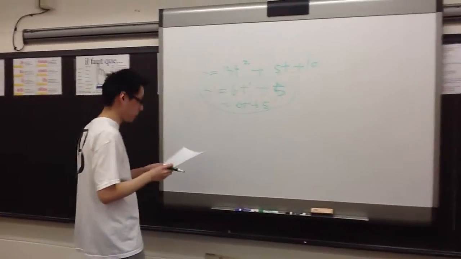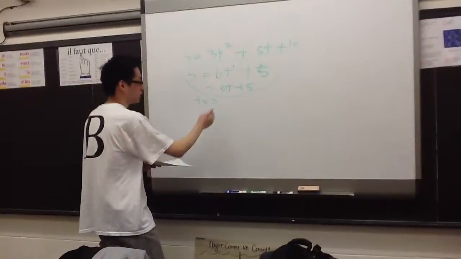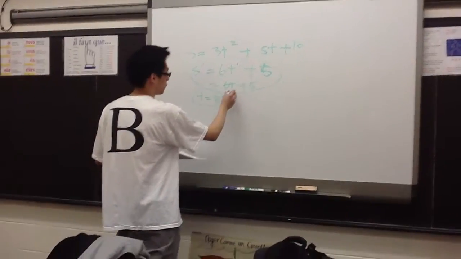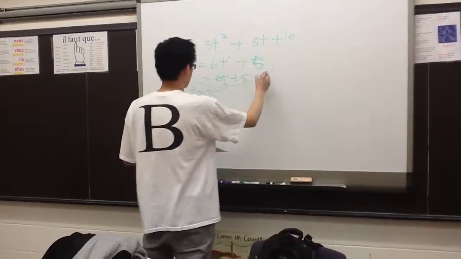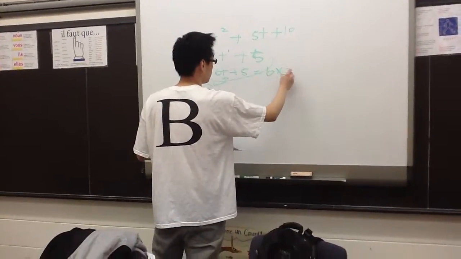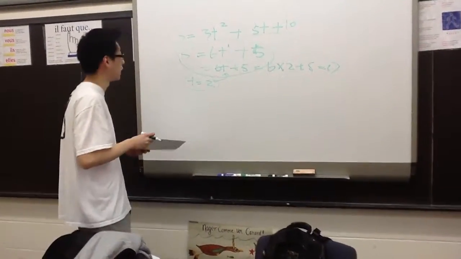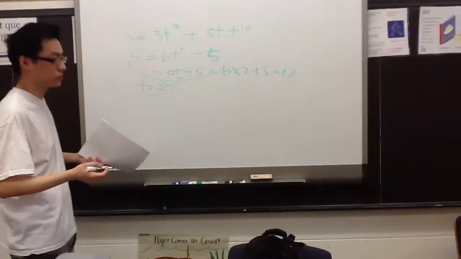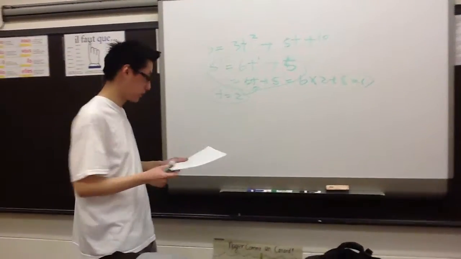Then we plug in. So we know after 2 seconds we should plug t equal to 2 into the function. So it's equal to 6 times 2 plus 5, which is equal to 17. So now we need to know the acceleration after 2 seconds.